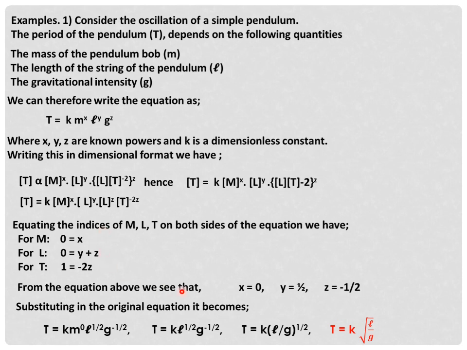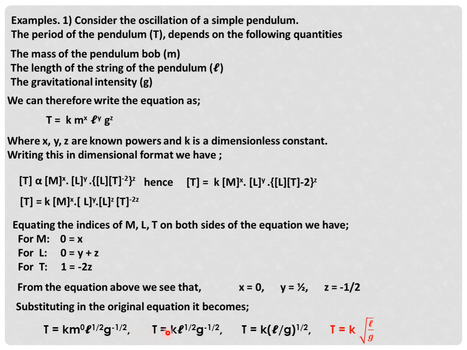That's the rule. Now, if we solve that, we will have x as 0, y as half, and z as minus half. And so we substitute in the original equation: m raised to the power x, which is 0, L raised to the power y, which is half, g raised to the power z, which is minus half.